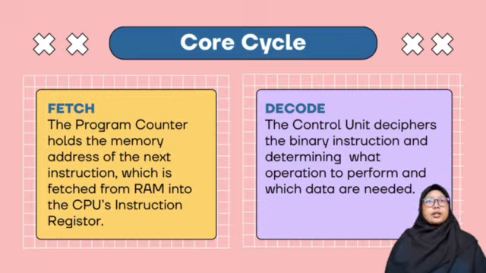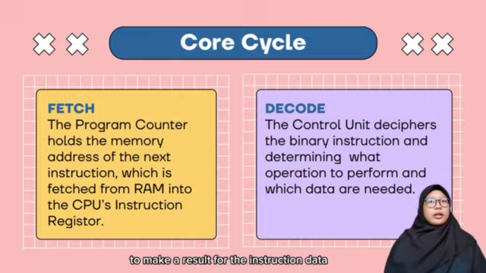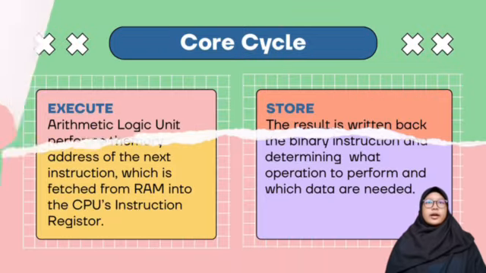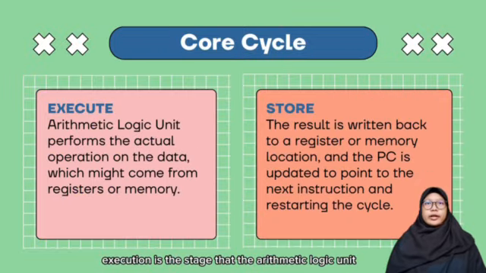Decode: the control unit determines what operation to perform and which data are needed to produce a result for the instruction. Execution is the stage where the arithmetic logic unit performs the actual operation on the data.